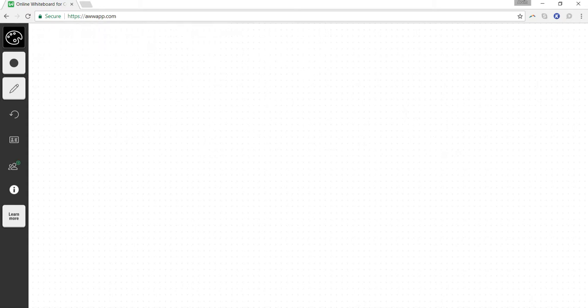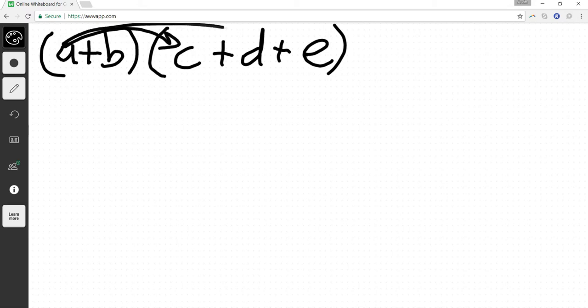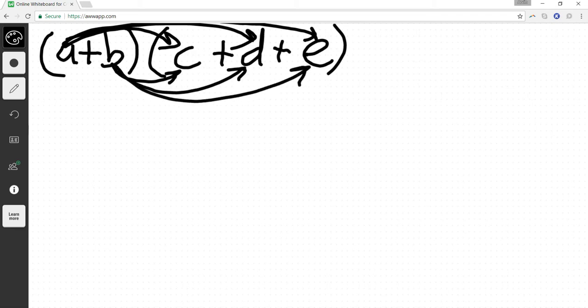Now, let's say we have this. Let's say we have (A plus B) times (C plus D plus E). I'm going to do AC, A times C, A times D, and then A times E. Then I'm also going to do B times C, B times D, and B times E. Here's what I get.